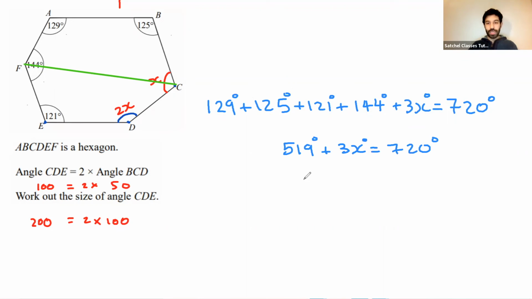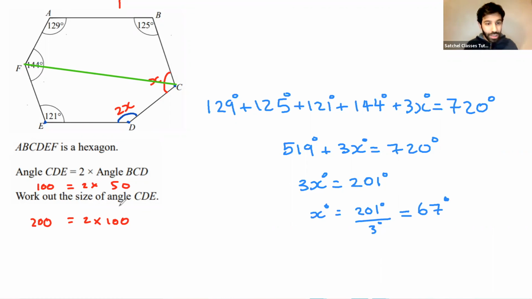What that will give us is 3x is equal to, subtract 519 from both sides, so we should be left with 201 degrees. And then to solve for x, we need to divide both sides by 3. So x degrees is equal to 201 degrees divided by 3, which is 67. So x is equal to 67 degrees.